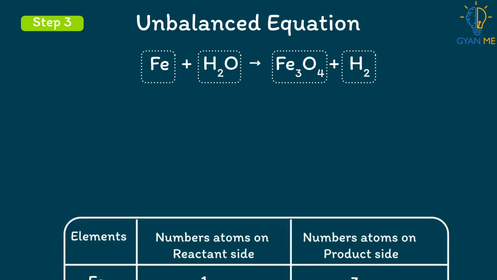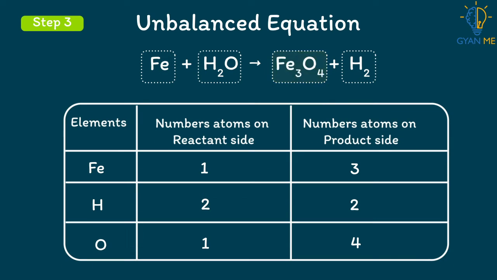Accordingly, we select the compound Fe3O4 in the example, and then the element oxygen in it, which has the maximum atoms. There are 4 oxygen atoms on the right hand side and only 1 on the left hand side. So we will multiply the reactant side by 4 so that oxygen atoms on both sides become 4, that is equal.